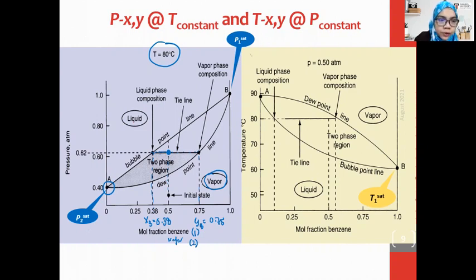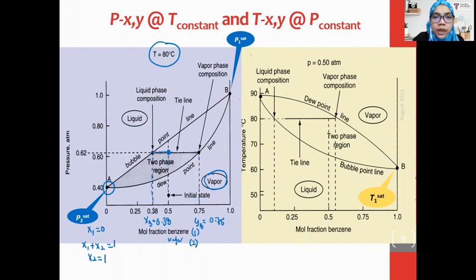So for the P2 saturation, that means we have x1, our component 1, benzene, equal to 0. Since x1 plus x2 equal to 1, we have x2 equal to 1. So all of component 2 occupies the system, and we have P2 saturation of about 0.4.